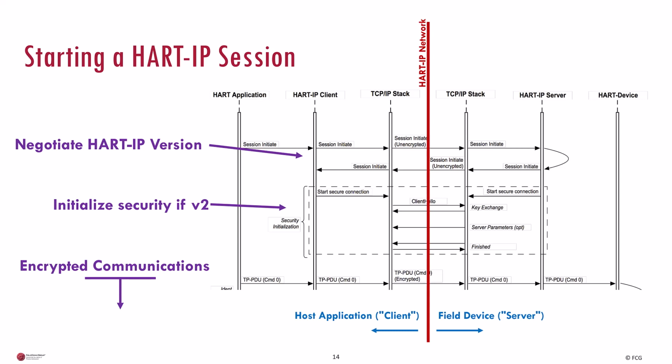If both sides say they are a version 2 device, then we launch the standard TLS, DTLS security initialization, where we establish trust and exchange the keys that are going to be used for secure communication. From then on, all the communication is encrypted.